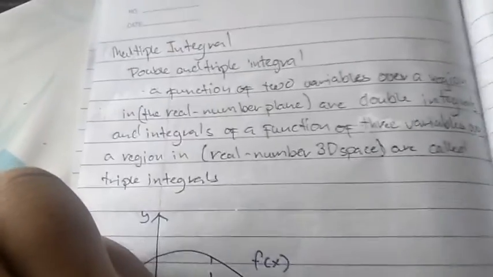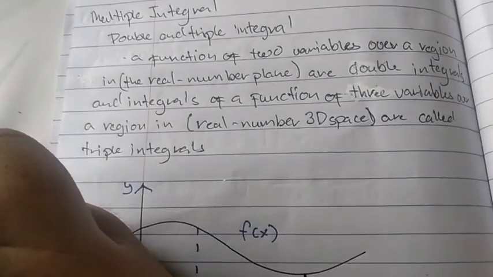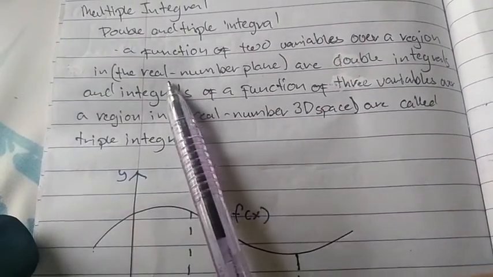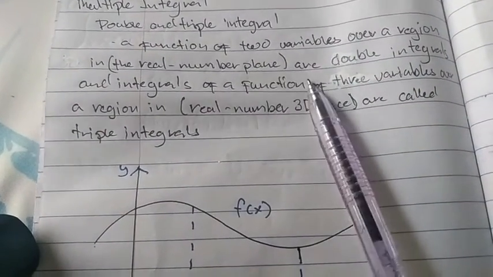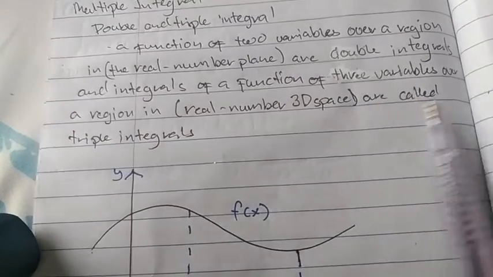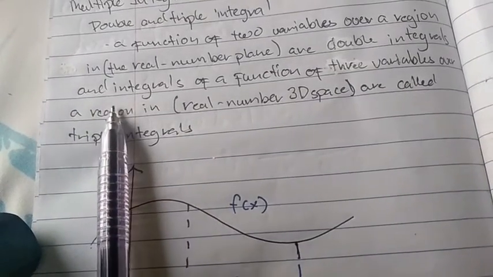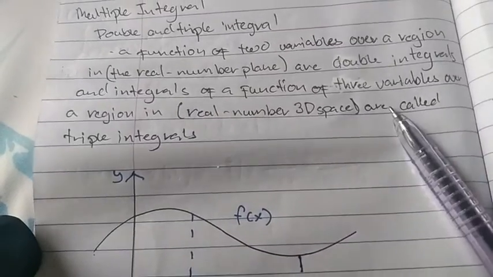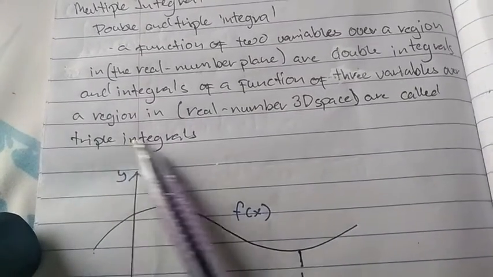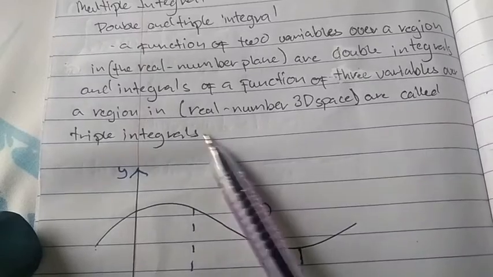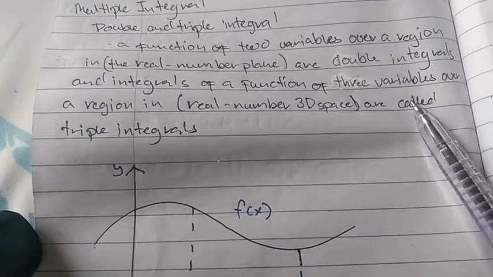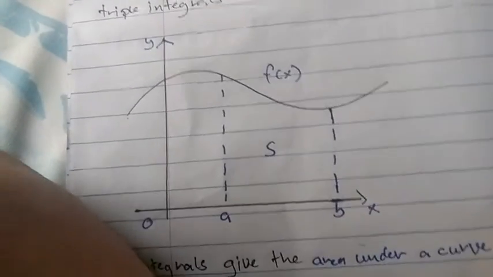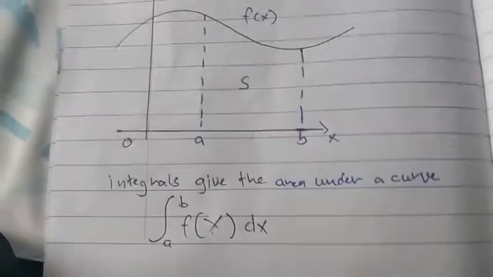A double integral is a function of two variables over a region in the real number plane. A triple integral is a function of three variables over a region in real number 3D space.